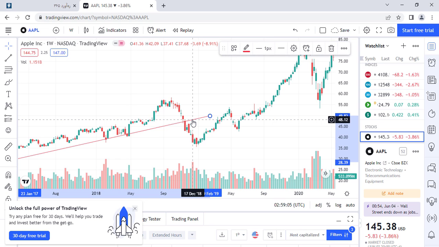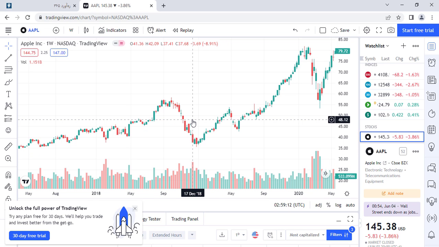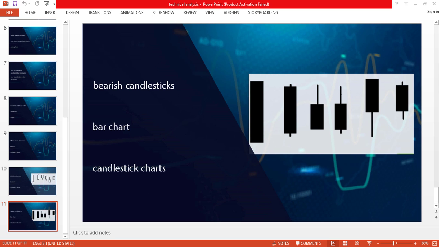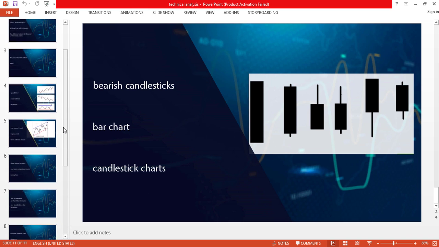This is the classic technical analysis way to find valid breakouts, valid breaks, in fact.